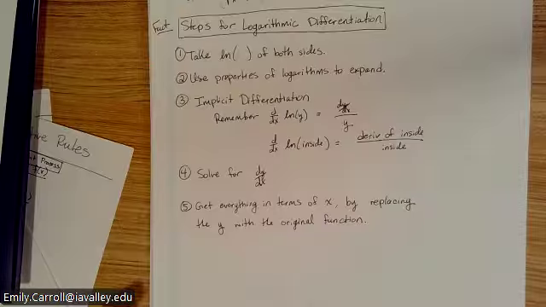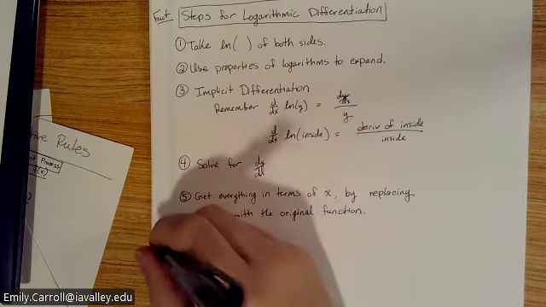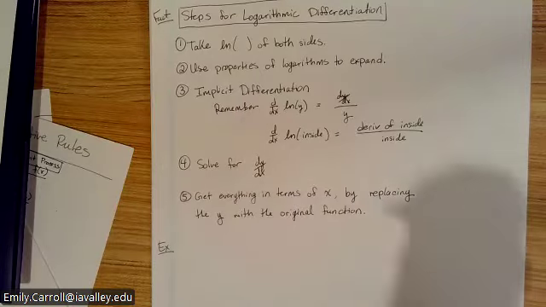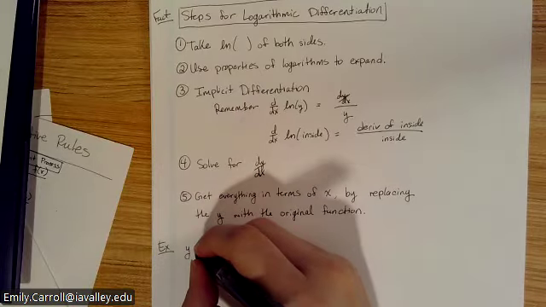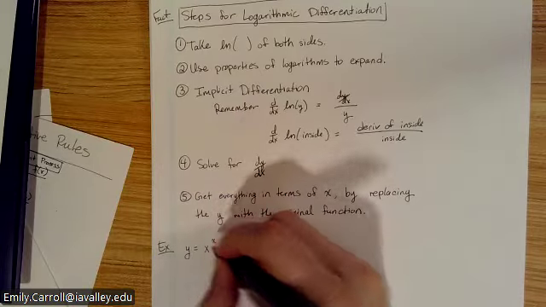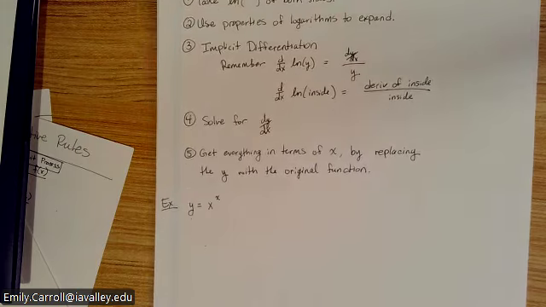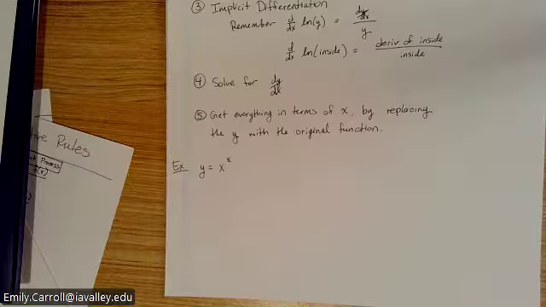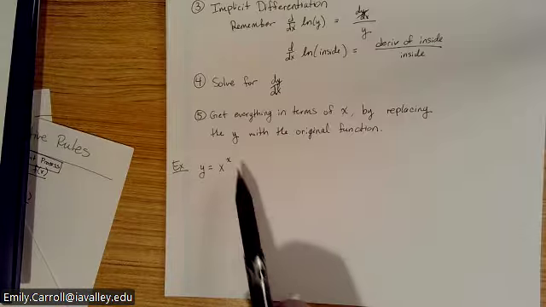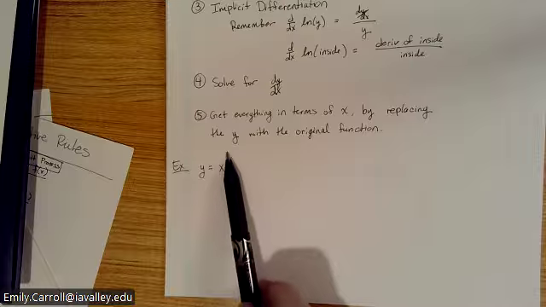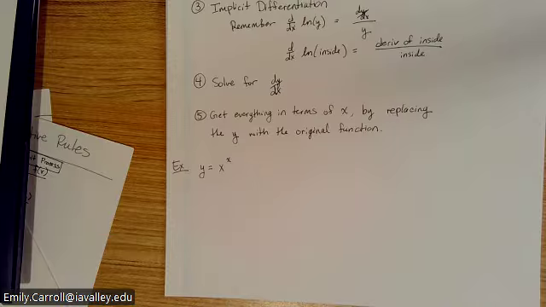All right. Here's another example. y equals x to the x. That's kind of a weird function. You can't use power rule here because power rule only applies when you've got an actual number up there.